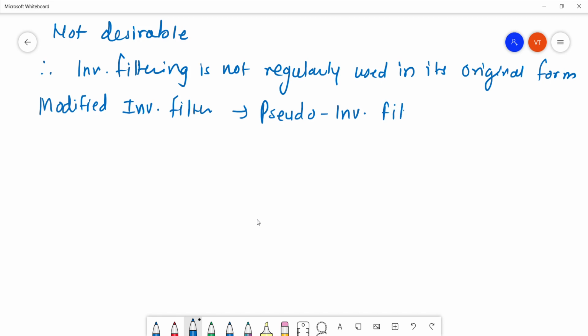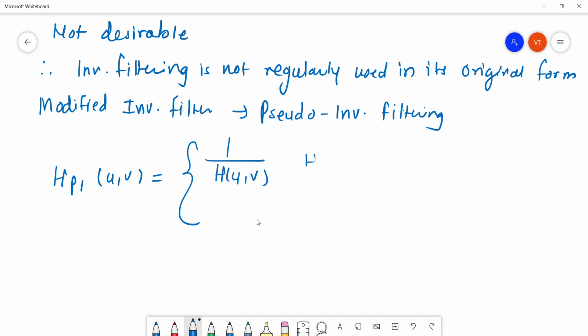What we do here is write H pseudo inverse equal to 1 upon H of u,v when H of u,v is not equal to 0, and 0 otherwise.